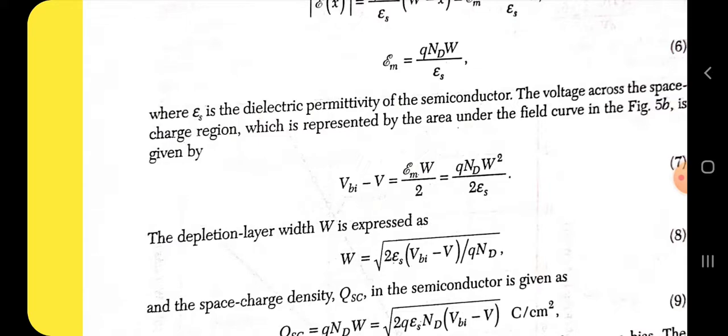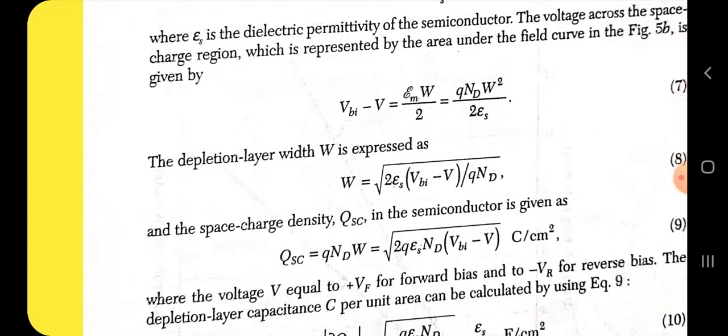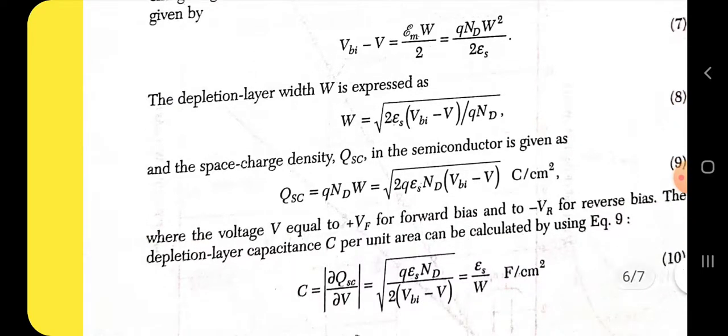The depletion layer width W is expressed as W is equal to the square root of 2 epsilon s (VBI minus V) divided by qNd, and the space charge density Qsc in the semiconductor is given by qNd W, which is equal to the square root of 2 q epsilon s Nd (VBI minus V) coulomb per centimeter square, where the voltage V is equal to plus Vf for forward bias and minus Vr for reverse bias.